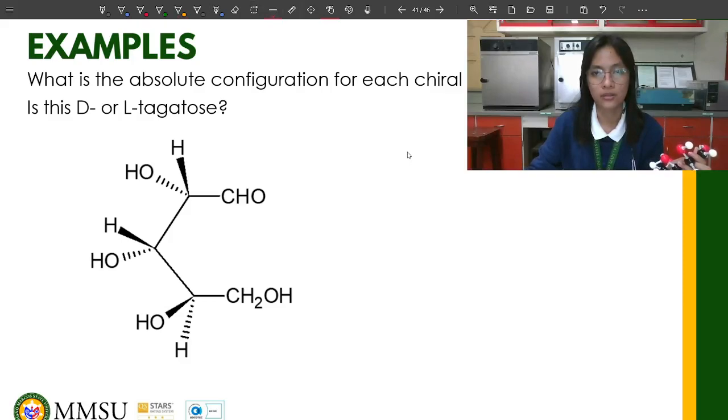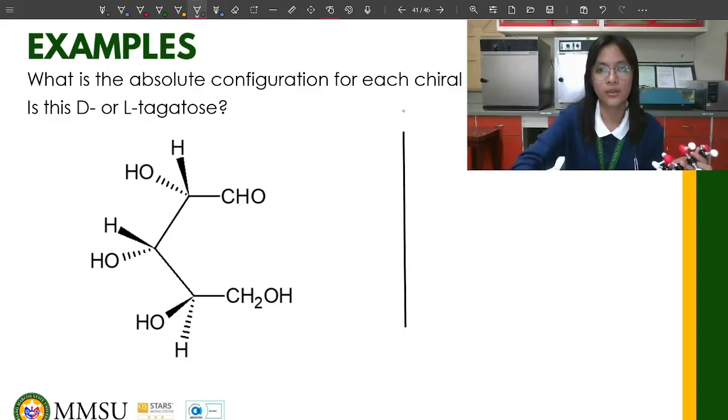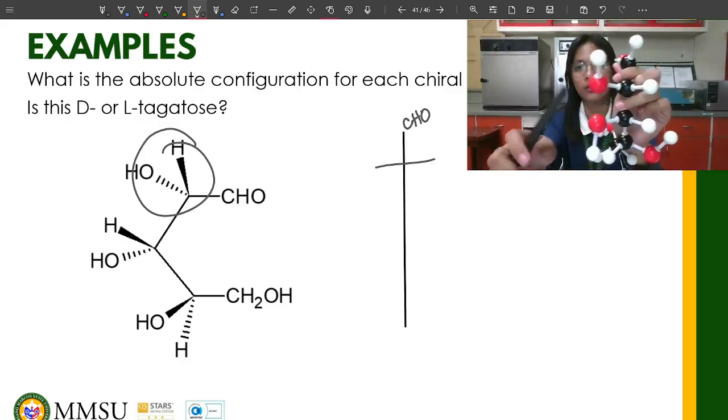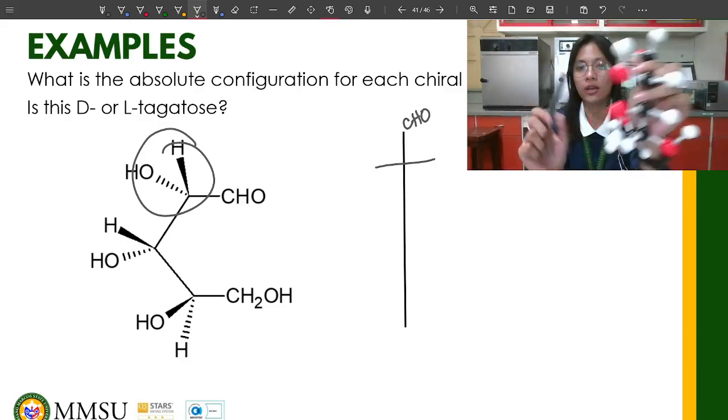Let's write now. Another straight line, and the CHO is at the top. And then the first chiral carbon, this one, is on the right.